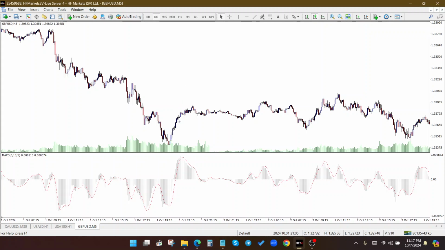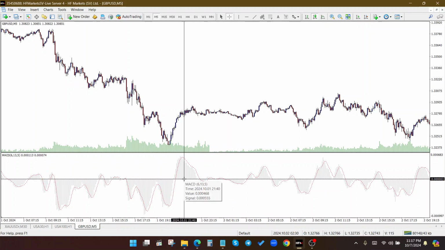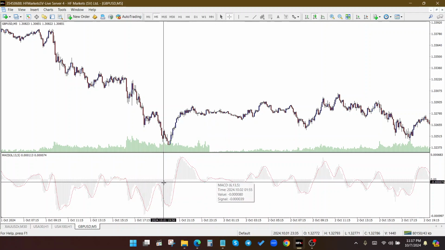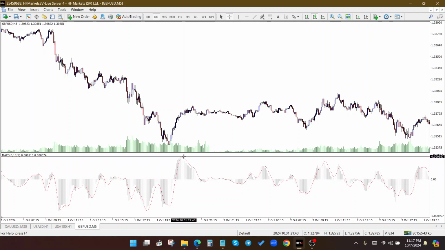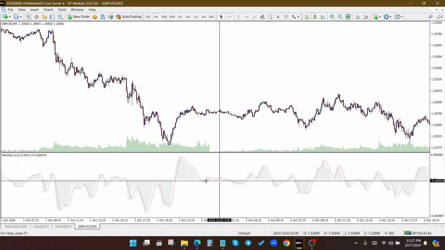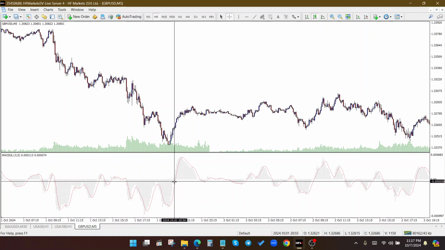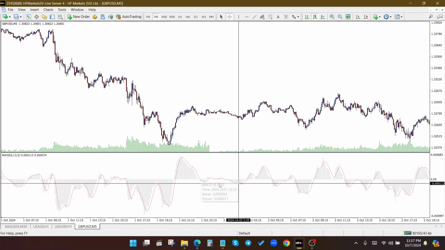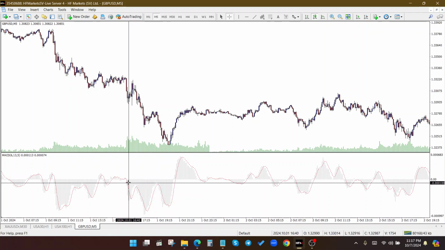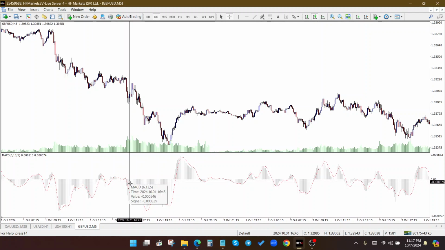When the MACD line crosses above the signal line, you can see this zero signal, it indicates bullish momentum, signaling a potential buy opportunity. On the other hand, when the MACD drops below the signal line or this zero line, it indicates a sell signal showing bearish momentum.